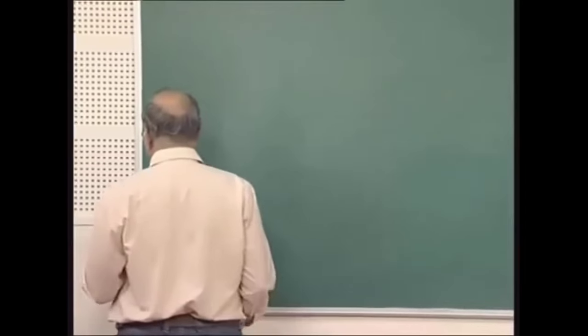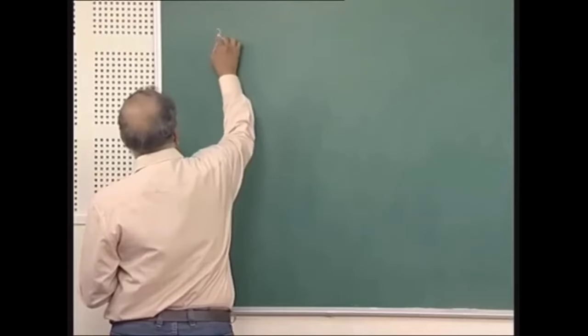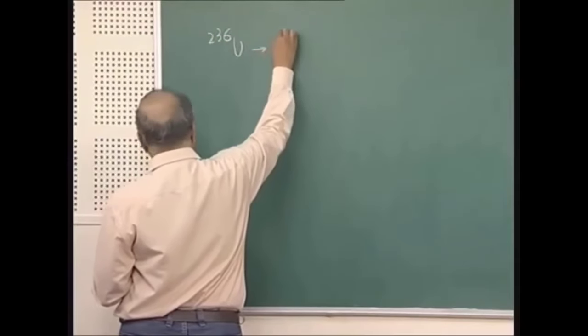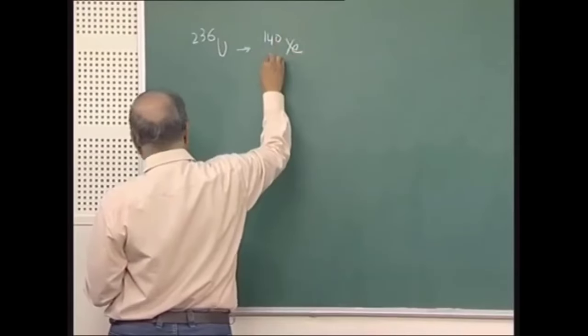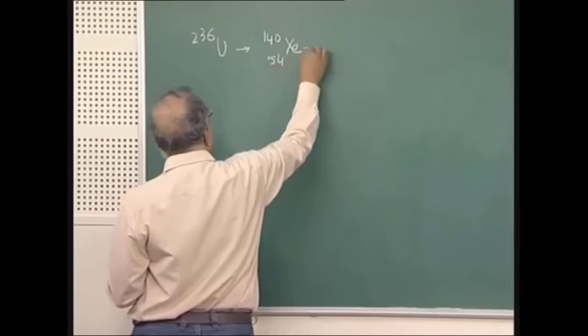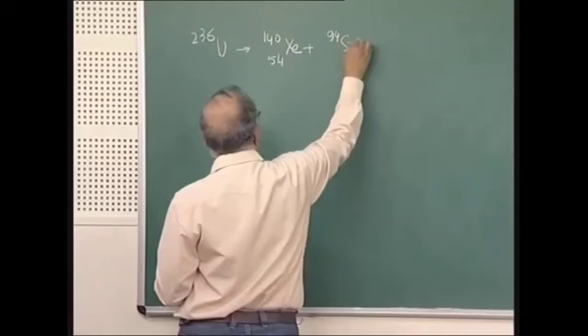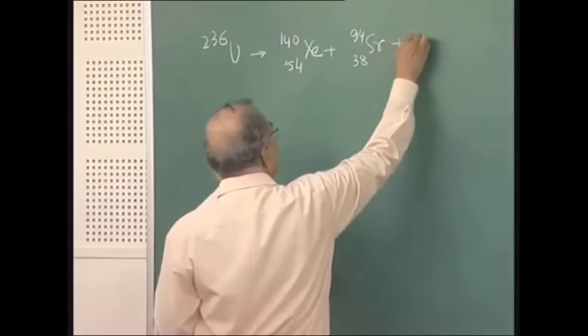So, you remember some of the equations that I had written, one of them was uranium 236 going to, let us say, xenon 140 (Z is 54) plus strontium 94, that is Z 38, plus 2 neutrons.